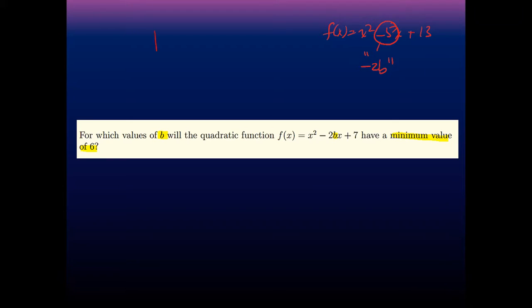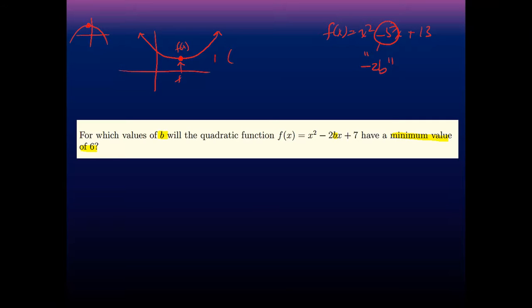So the first thing, of course, you have to know what a minimum value is. The minimum value occurs for a quadratic function, a parabola, when it looks like a u; when the parabola looks like an n, it will have a maximum value. The minimum value of a parabola is the f of x corresponding to the vertex.